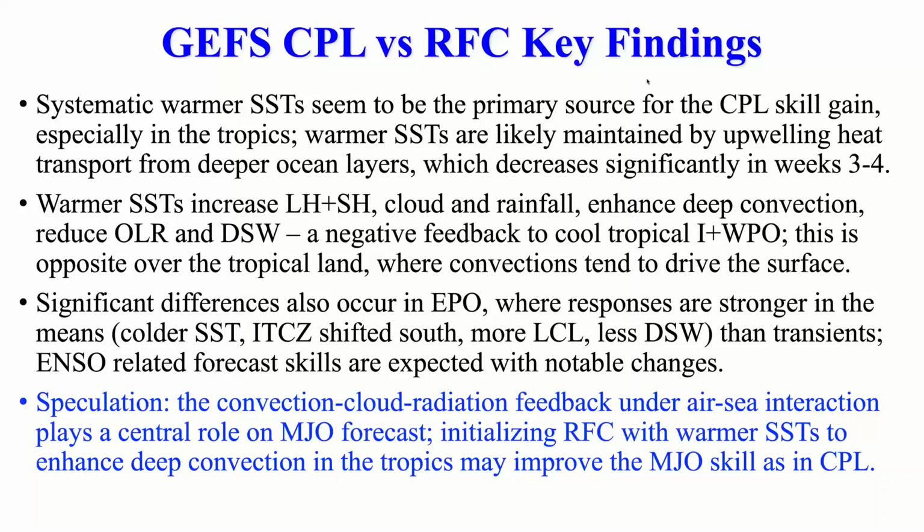So if that's the case, that means our RFC, the uncoupled one, is probably affected by SST cool biases in the uncoupled one, which may be the reason for the differences we see in CPL. So that we will see. But I think my message is that we need to pay full attention to the convection cloud radiation feedback when we're talking about coupled versus uncoupled. Thank you.